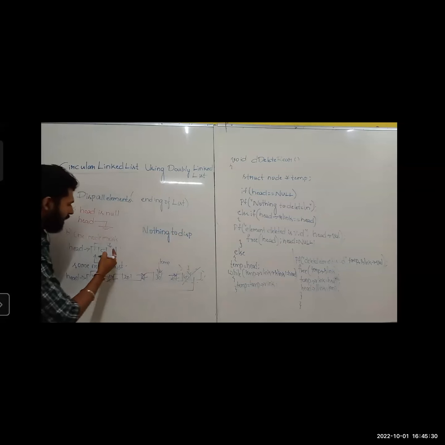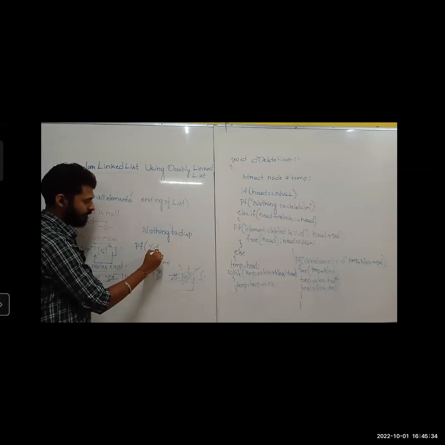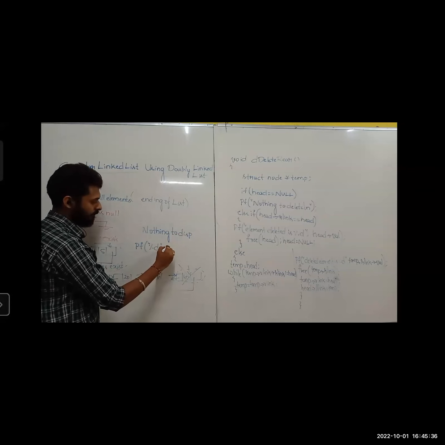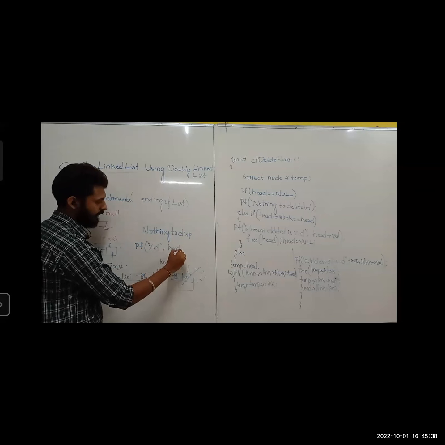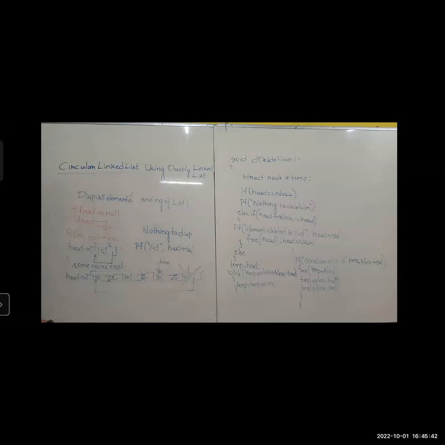If there is only one node, printf head's value. If there are multiples, start from here, keep printing everything until head's right link is not equal to head, and coming out of it, print once more. Because in the one-node case you cannot print all the elements, as it is circular.